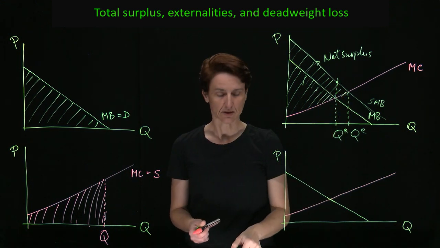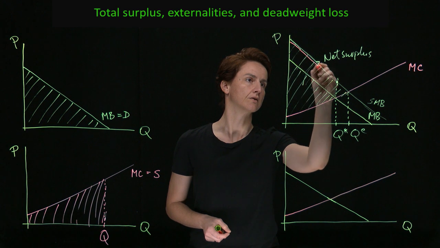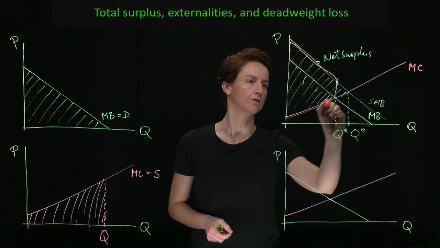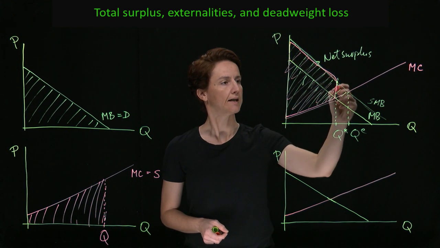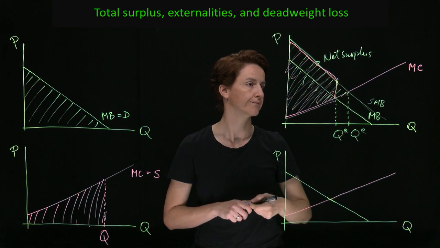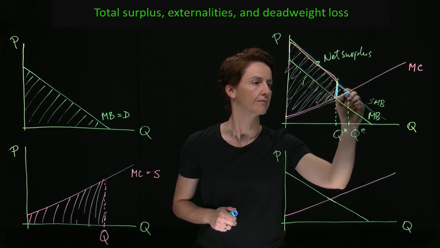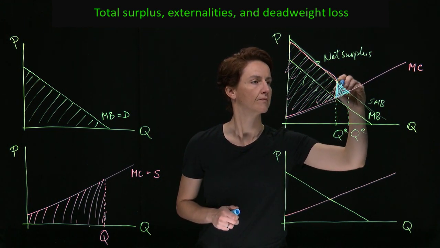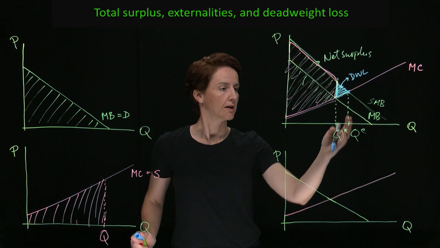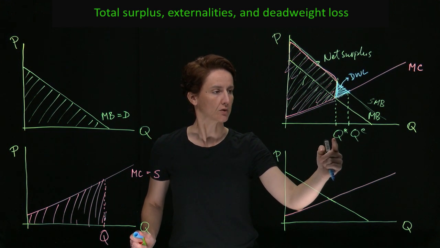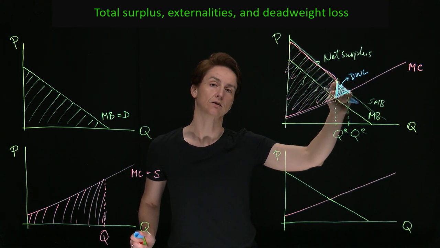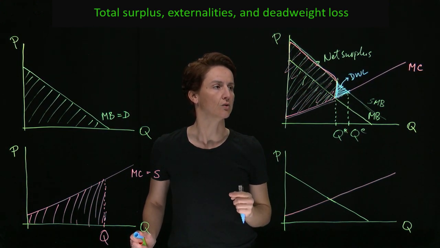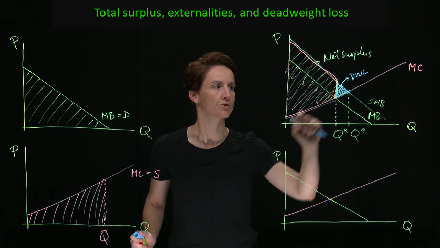So the total surplus that will be achieved is this trapezoid, and that leaves out this corner. So if there are external benefits, then when the market is in equilibrium at Q star, the total surplus is not as high as it could be if the market was at QE, and that missing portion is a deadweight loss.